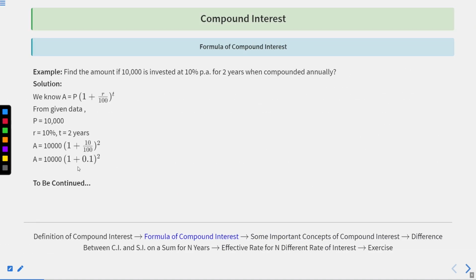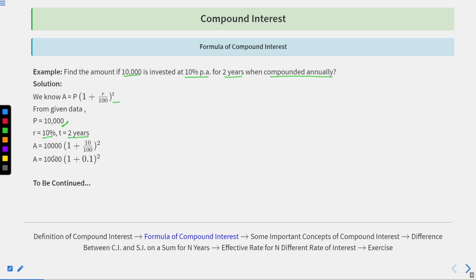Let us have a look at an example on the formula that we have studied just now. Find the amount if 10,000 is invested at 10% per annum for 2 years when compounded annually. So we know A is principal into (1 plus R upon 100) to the power T. And from the given data, principal is 10,000, rate is 10% and time is 2 years.